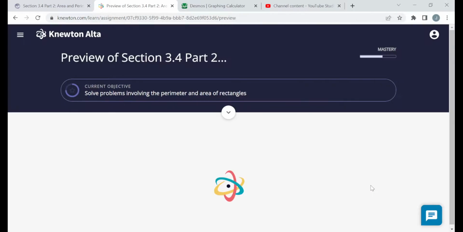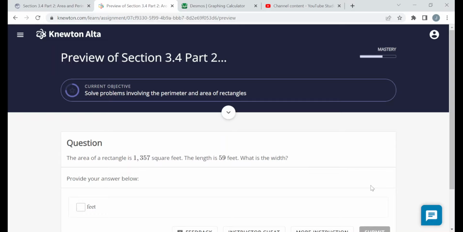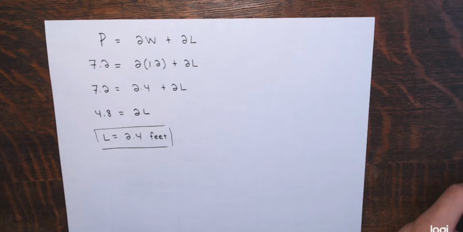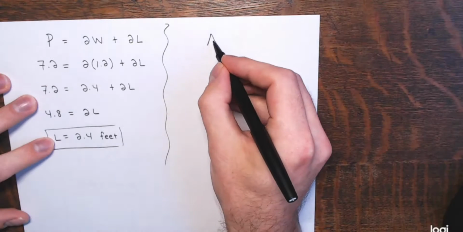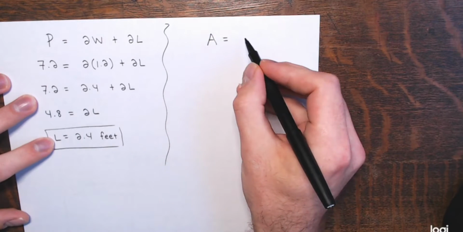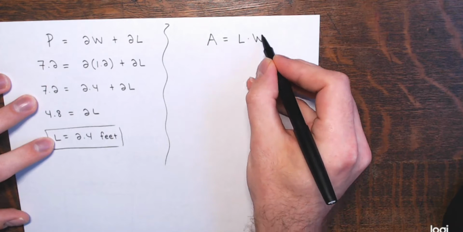Alright. Finally an area problem. Okay. So the area of a rectangle is 1,357 square feet. The length is 59 feet. What is the width? So again, I'll use A for area. The area of a rectangle is simply length times width.